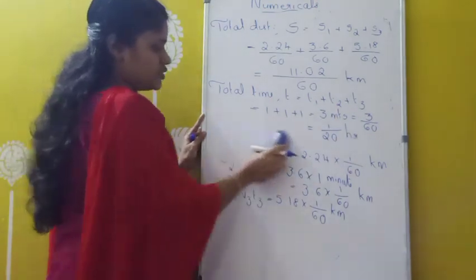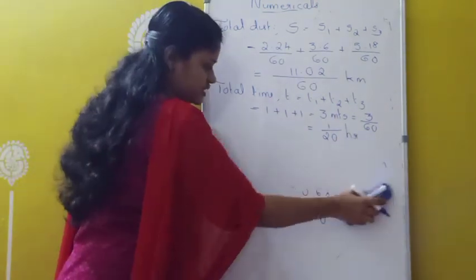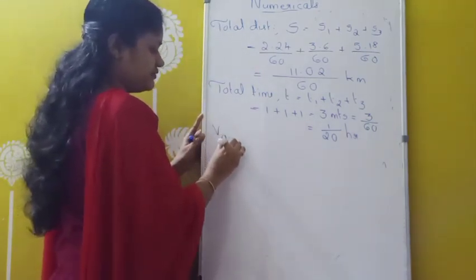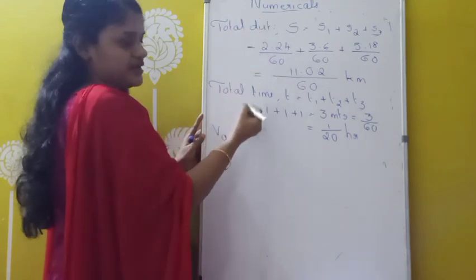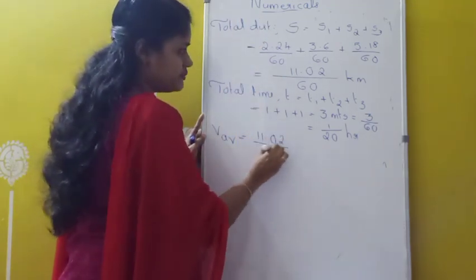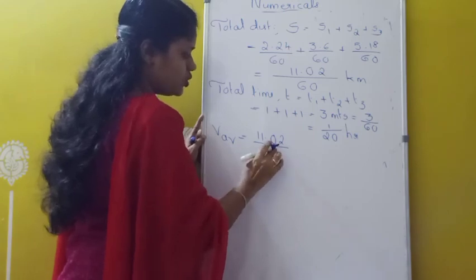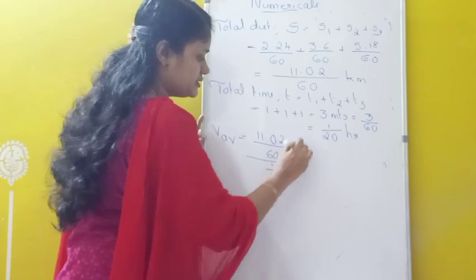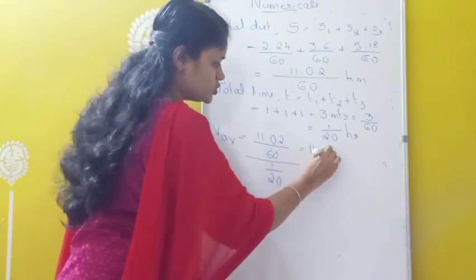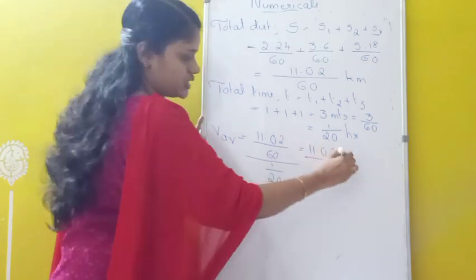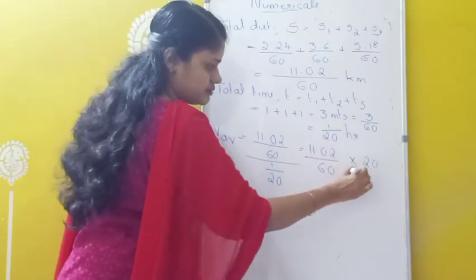Okay. Now what you have to find out is the average velocity. So average velocity, V average, equals total distance by total time. That means 11.02 divided by 60, the whole divided by 1 by 20. That means 11.02 divided by 60 into, take the reciprocal, 20 by 1.